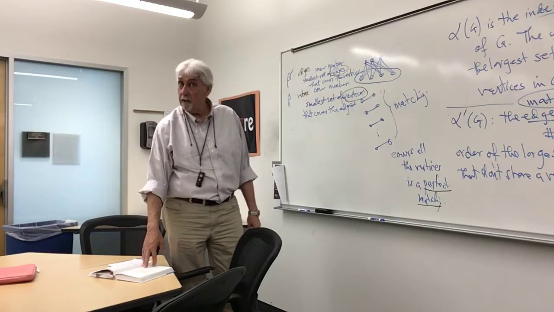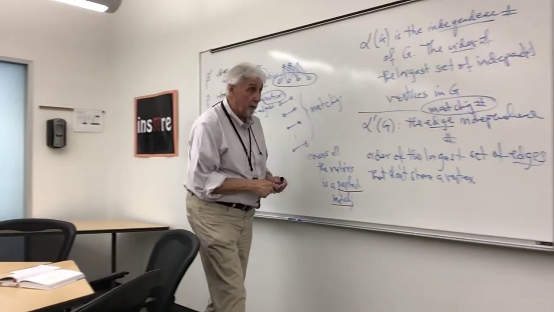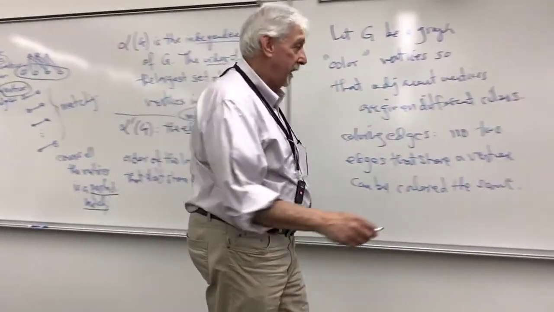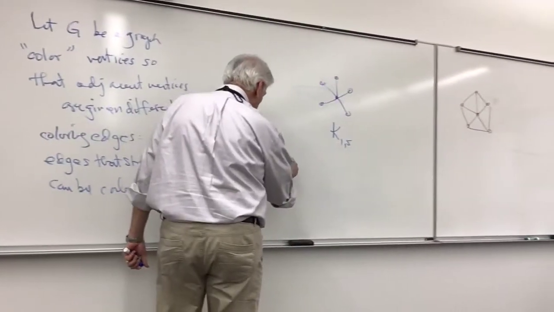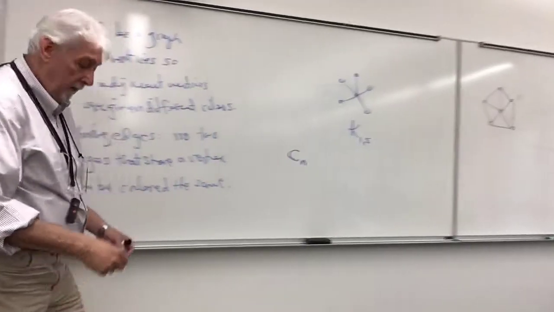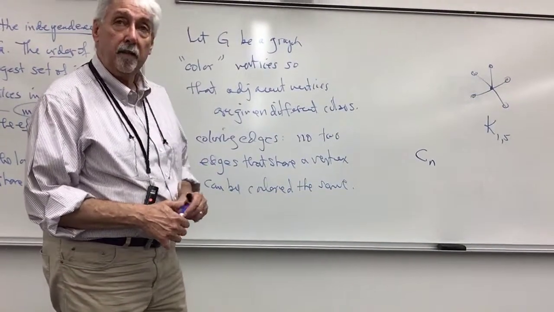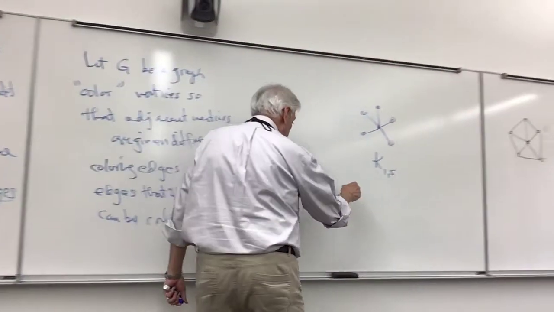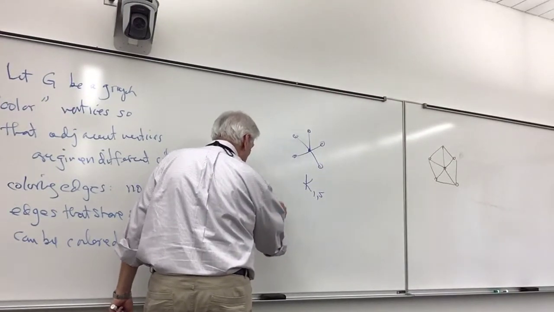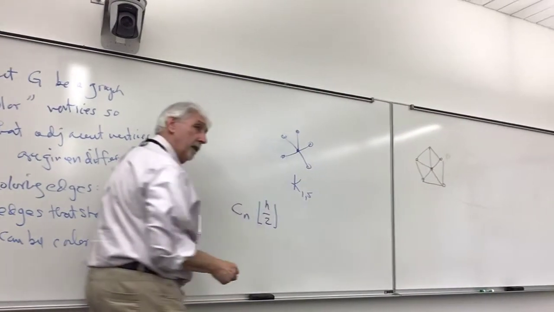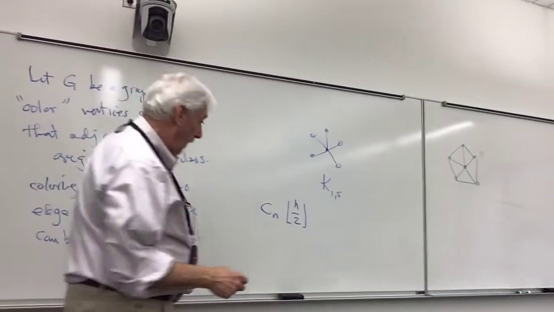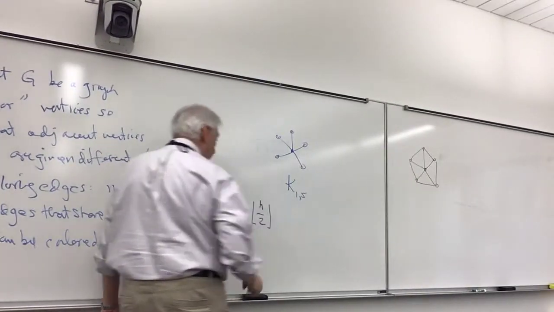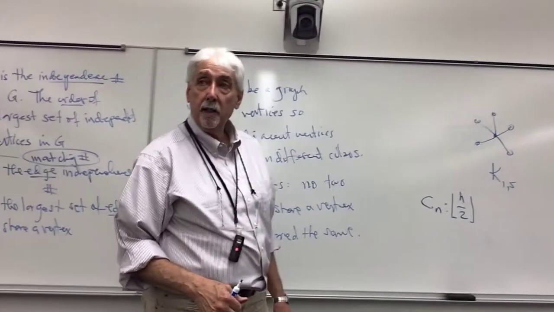Four vertices. So a cycle is not too bad. We don't get cycles very often, but so for Cn, the number of independent vertices is going to be n over 2. We know that notation. And the set of independent edges is also going to be n over 2.